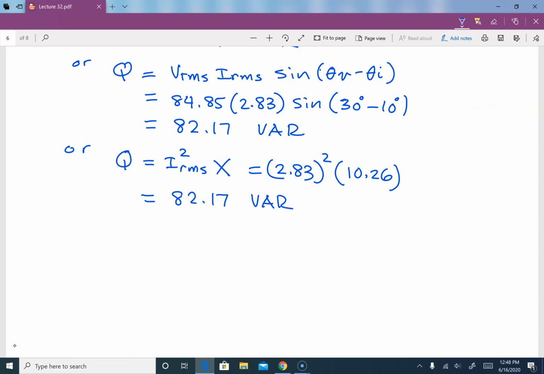So over here again, we cannot use VRMS squared over X, because the given VRMS is across the whole impedance, not only across the reactance. By this, our lecture is done for today.